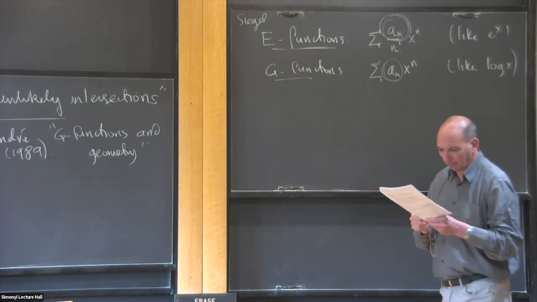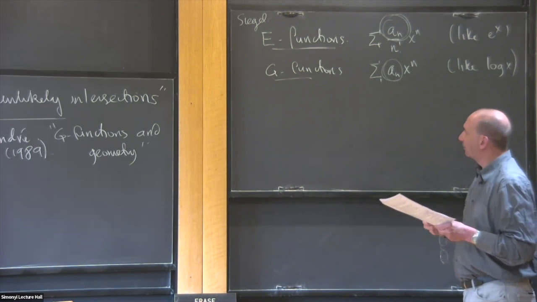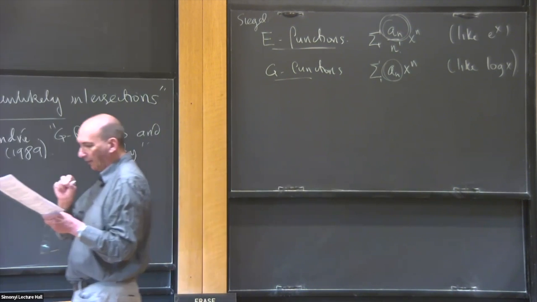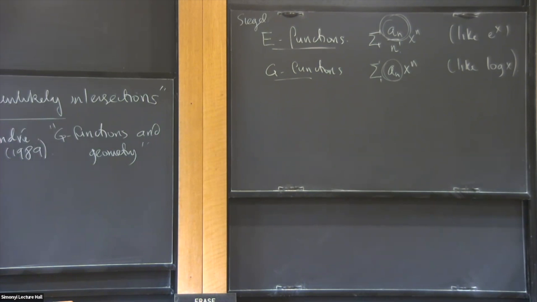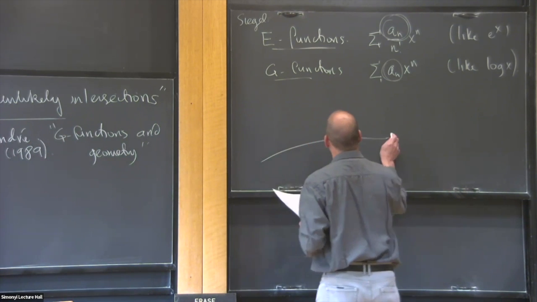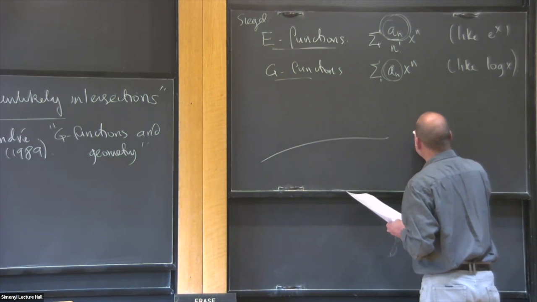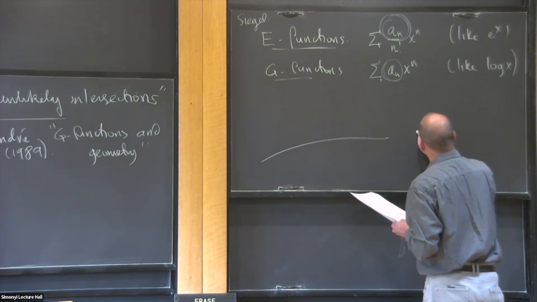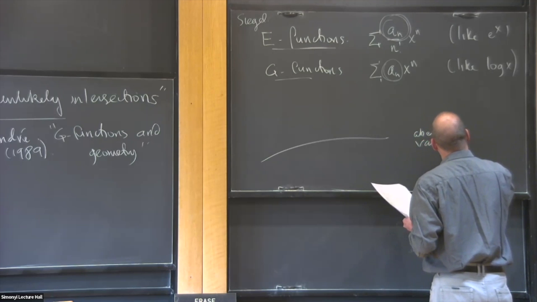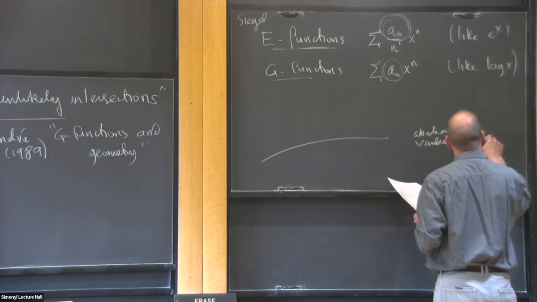And in this book, he considered the problem of fibers in a pencil. So you consider a pencil of abelian varieties. So this is some curve in the moduli space of abelian varieties of dimension g.